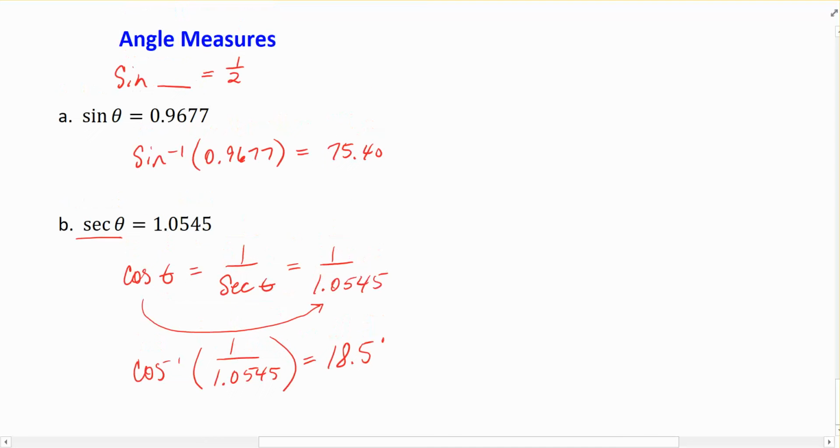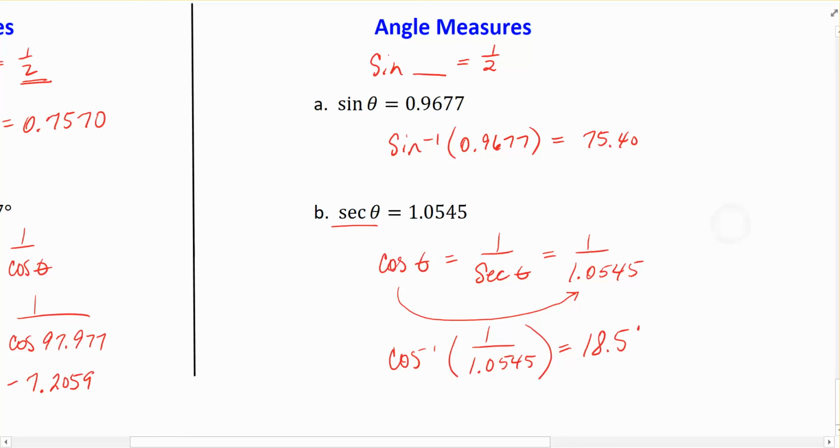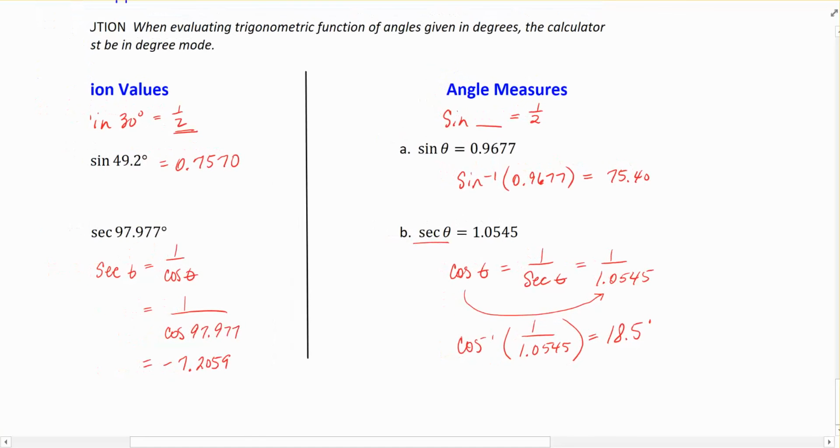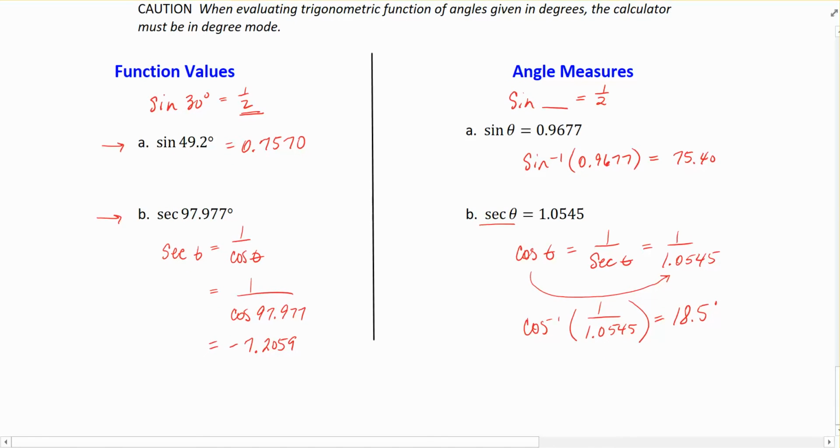So when we are looking at not only function values but angle measures, we have to pay attention not only to the mode that our calculator is in, but if we are using any of the 3 functions that aren't listed on our calculator, we basically are using the reciprocal identities to help us with that.